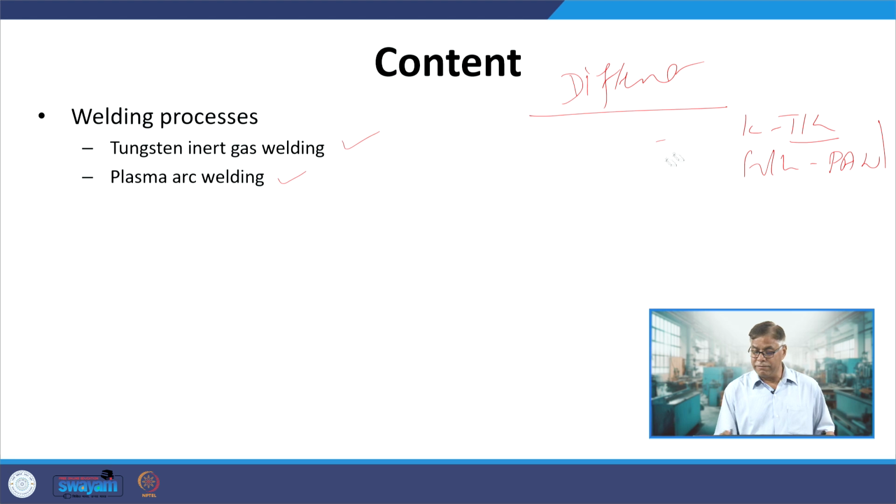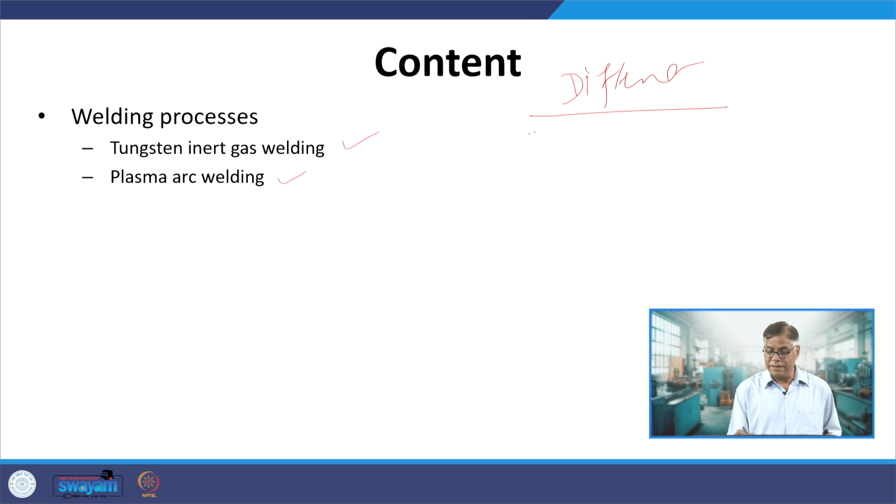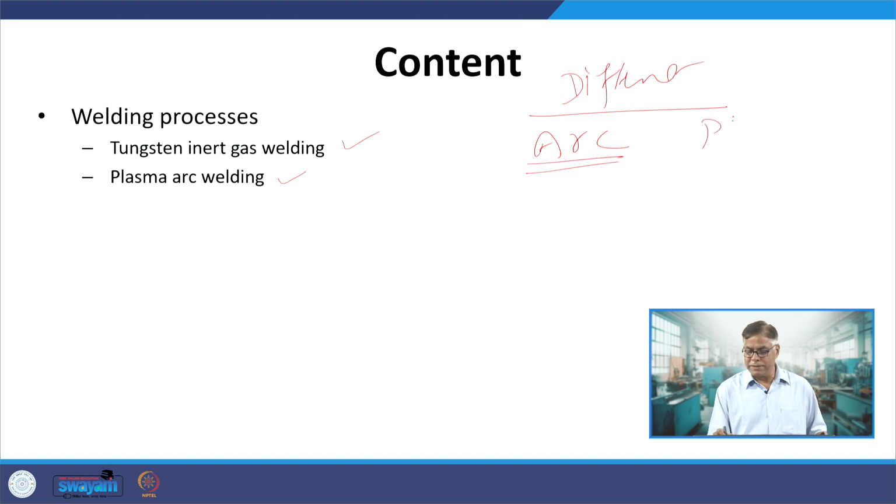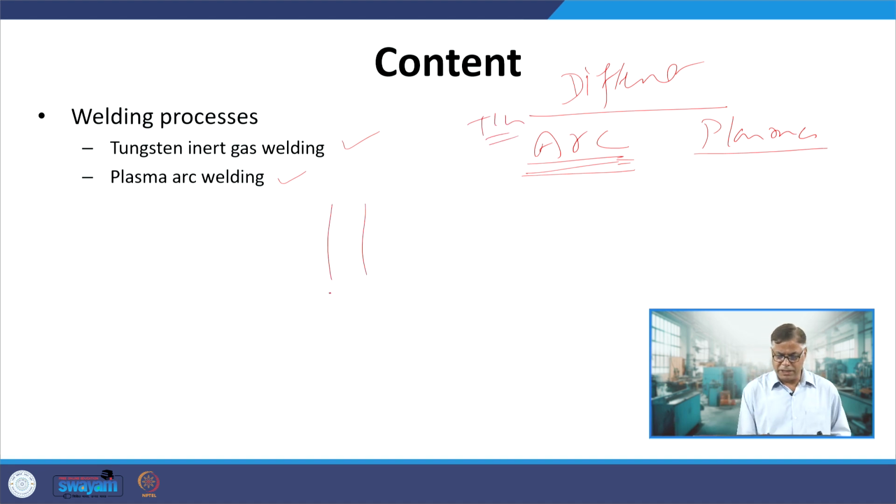Now we will see the differences. One major difference is that in one case the arc is the main source of heat, while in plasma arc welding, plasma is used as another major source of heat. In TIG welding, the arc is very thin and very weak, because it is developed using low current.